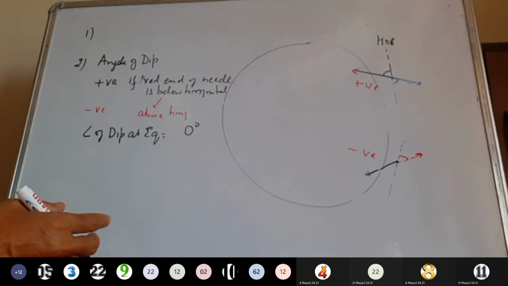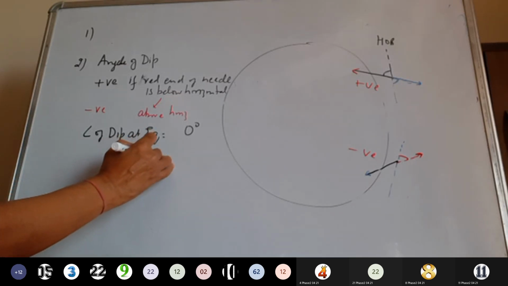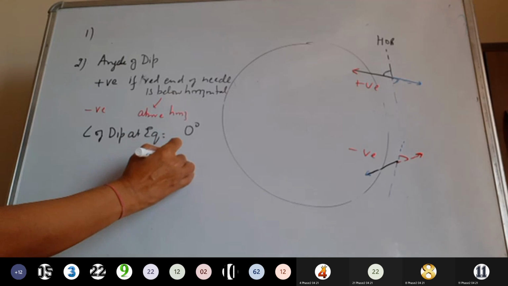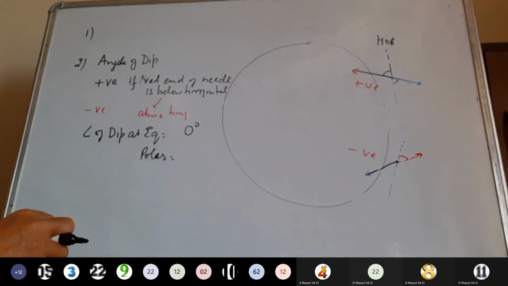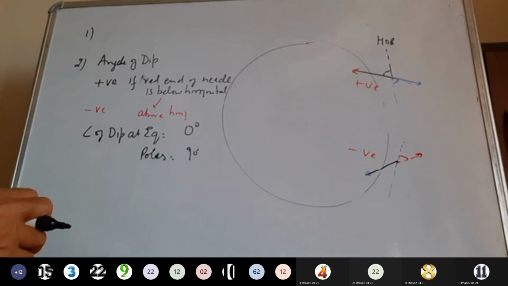So what angle will it make with the horizontal? 0. What will be the angle of dip at the poles? 90 degrees. Okay. So angle of dip at the poles will be 90 because the direction of the Earth's magnetic field is vertical. Anything vertical, what angle will it make with the horizontal? 90.